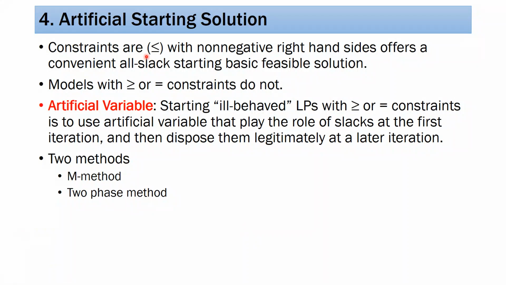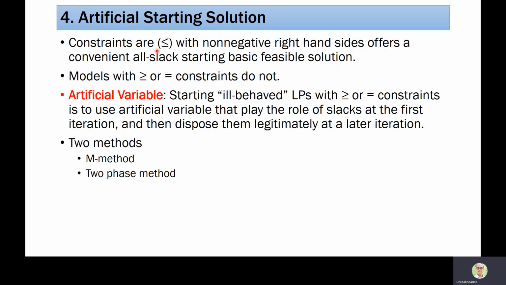In the previous session, we solved a problem, the ready mix problem, using the simplex method. What we identified there was that the constraints were of the smaller than or equal to type. So in that case, we were adding slack variables and solving the problem.